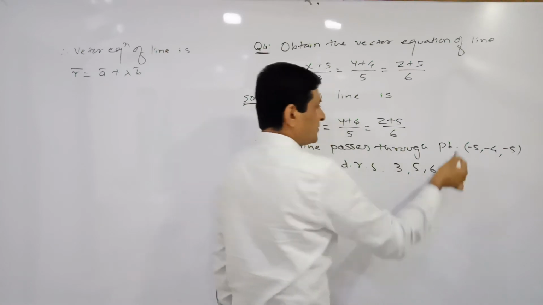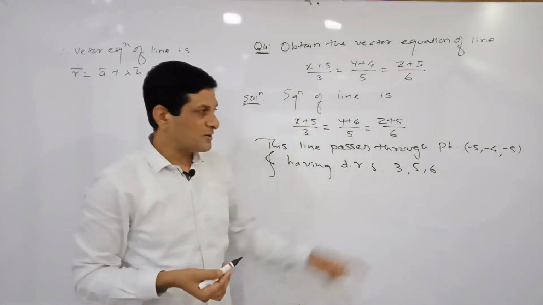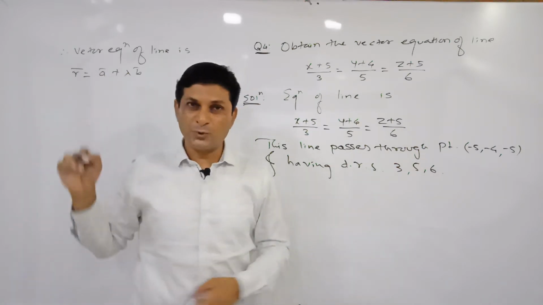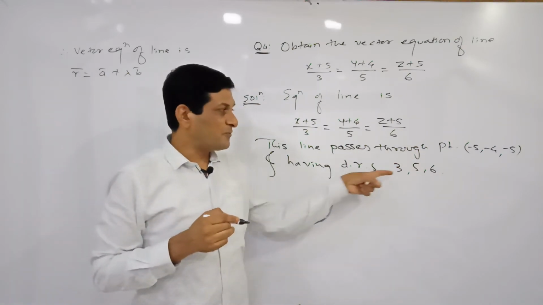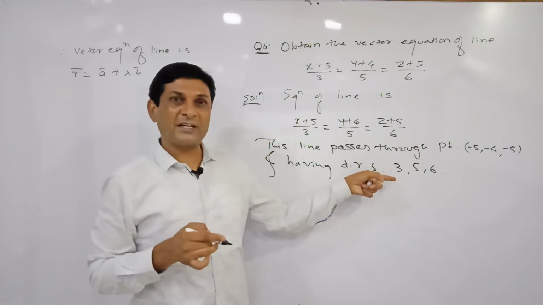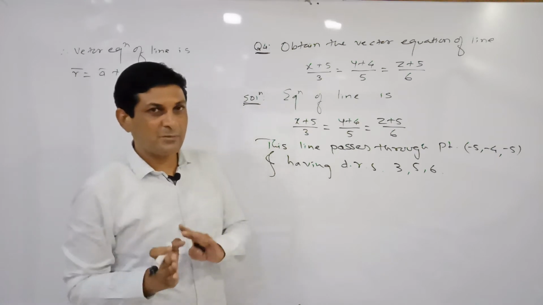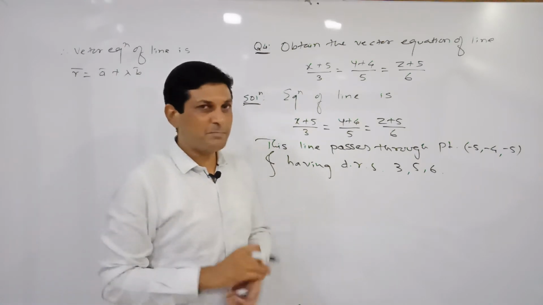Once the coordinates of a point are known, we are able to find the value of a bar, because a bar is the position vector of a point on the line. And from these direction ratios we will get the vector along the line, because if direction ratios are given, we are able to find a vector along or parallel to the line.